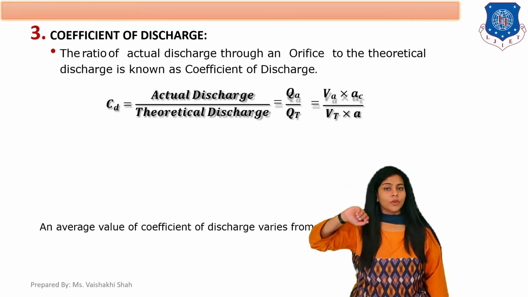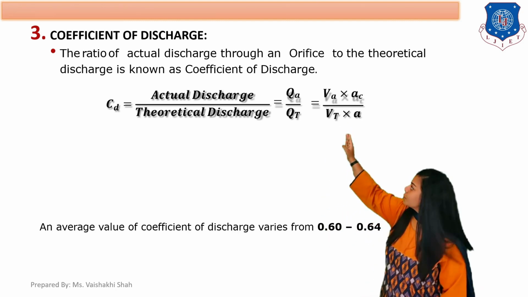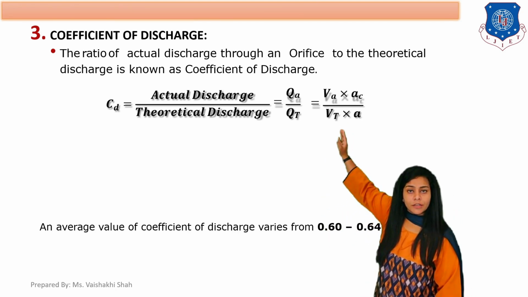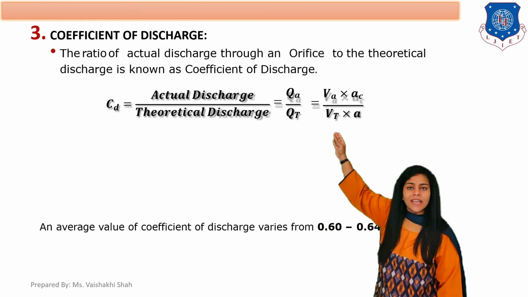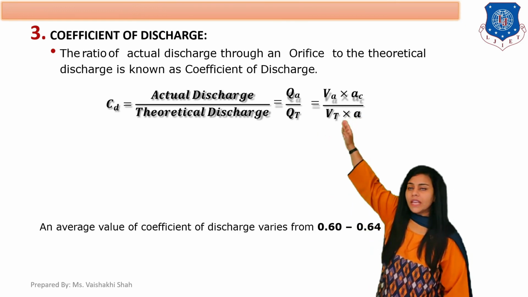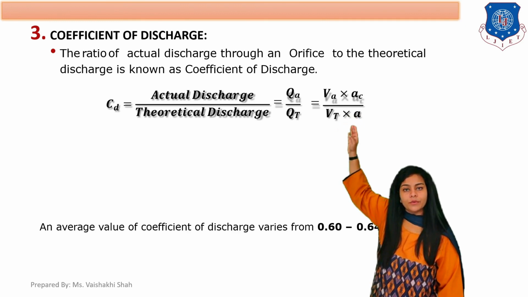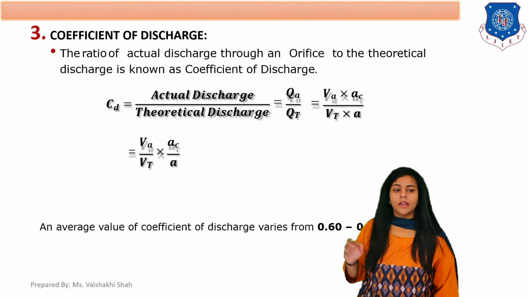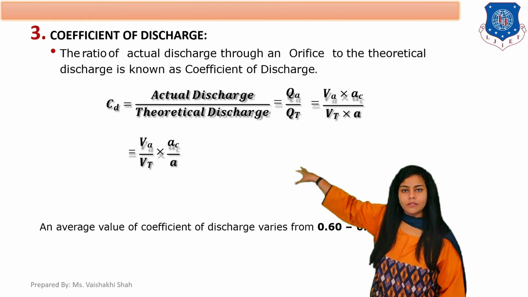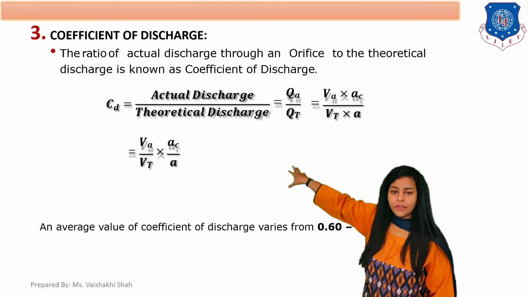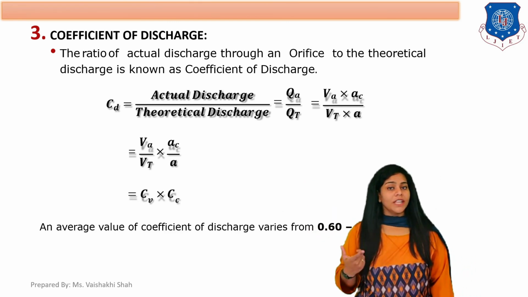Now as we know, Cd equals Qa upon Qt. What is Q? Discharge, which is area into velocity. So you can write Cd equals Va into Ac, velocity into area at vena contracta, divided by Vt into A, velocity into area at orifice. So here it is Va by Vt into Ac by A. You can also write it like this, Va by Vt times Ac by A. What is Va by Vt?